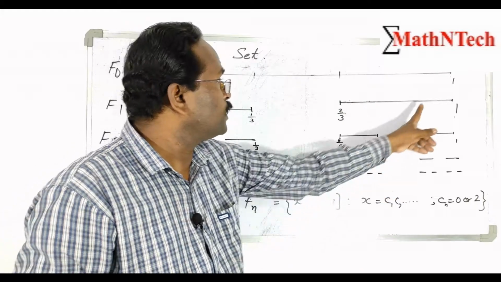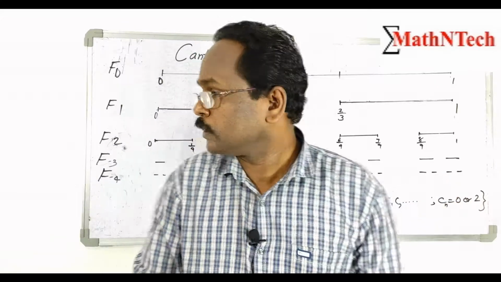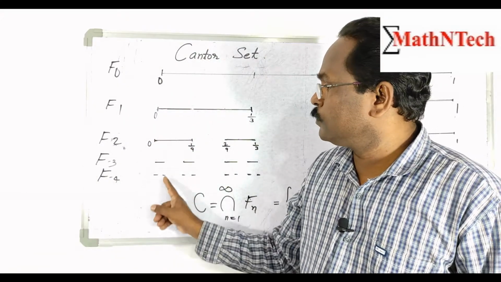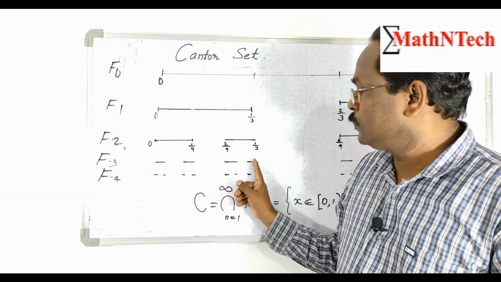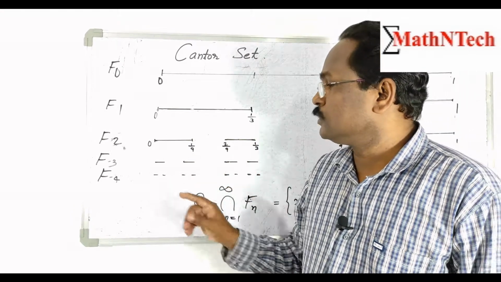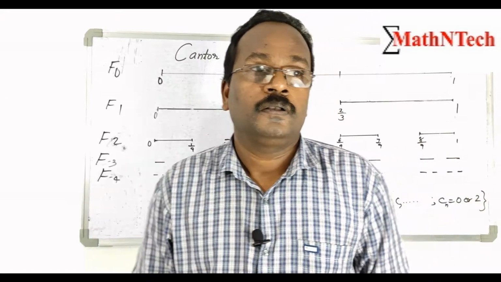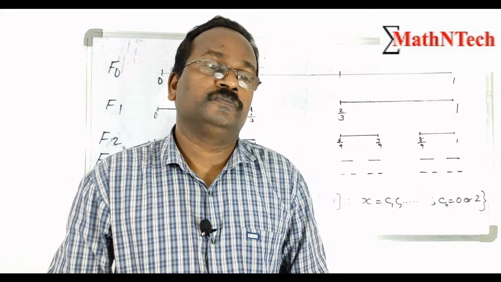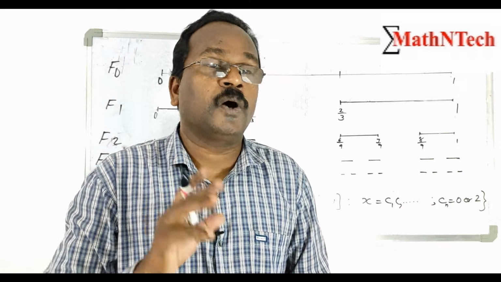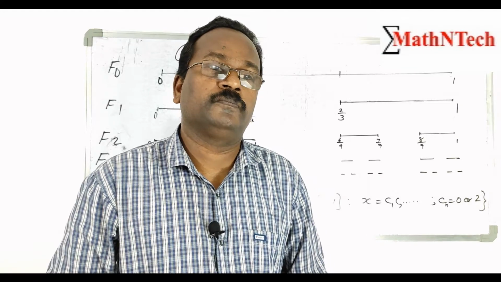Remove the open middle third here, here also, here, and so on. So ultimately we get infinitely many points. They are uncountable. The Cantor set is uncountable. One important property.